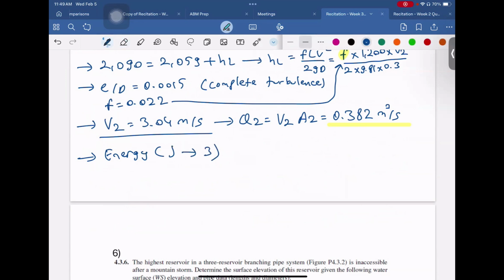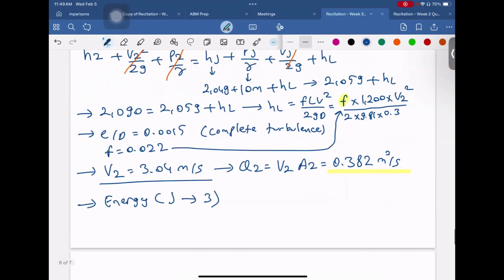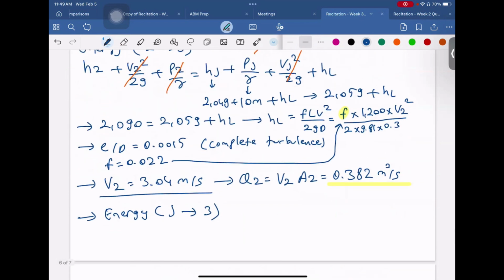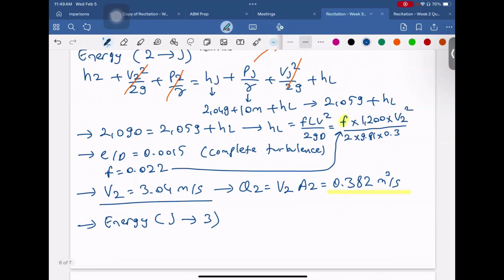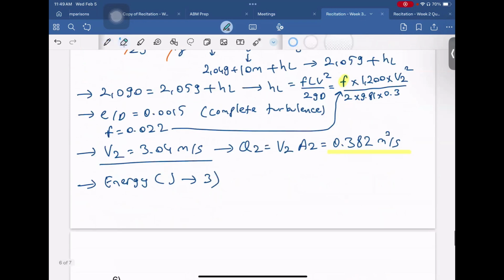And since we are going from J to 3, I will first write the J. And we already calculated the energy level at J as 2059. So I will directly write that.